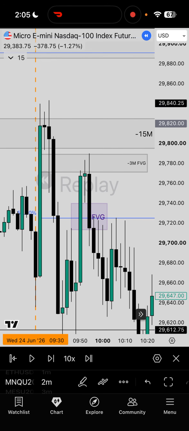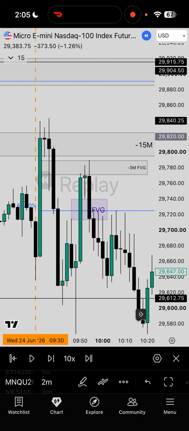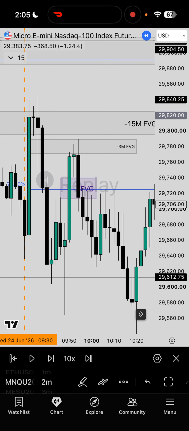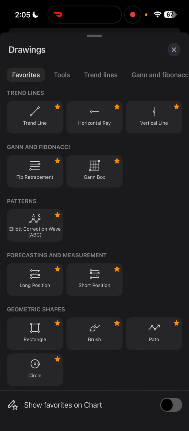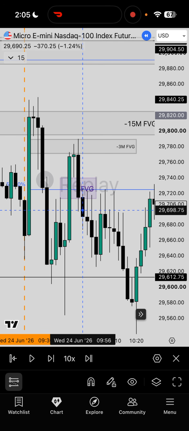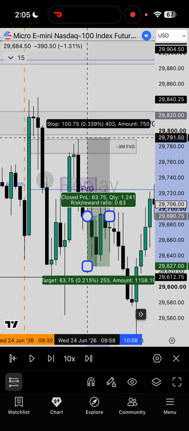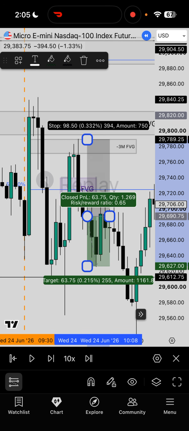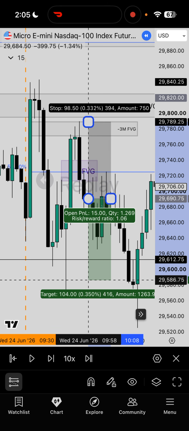We're respecting a 3-minute bearish gap. If this 2-minute closes, I'm gonna take this short. So what happened is this 2-minute closed. Where's my short? I entered right over here on the second candle close. My stop loss was all the way over here. It was a big stop loss, and I was targeting 1 to 1.